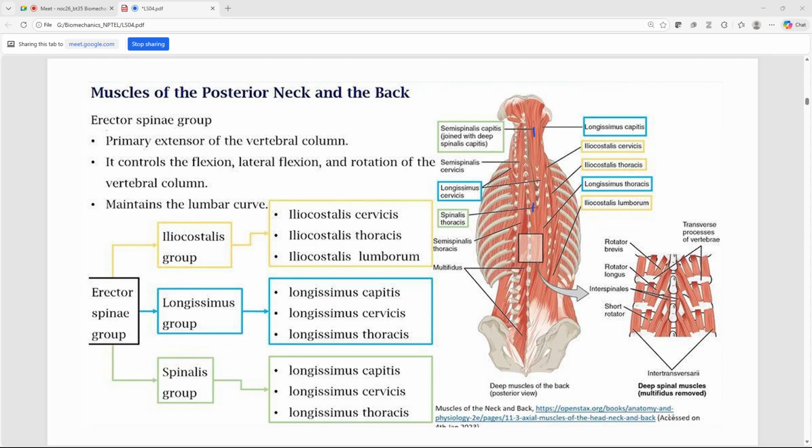If you see this, the spinalis is most medial, the longissimus is intermediate, and iliocostalis is most lateral. So anatomically, spinalis is in the medial, longissimus is in the middle, and iliocostalis is in the lateral. So that makes options C and D wrong.